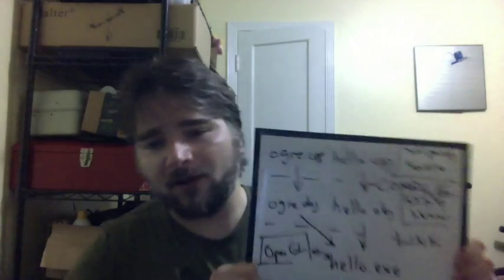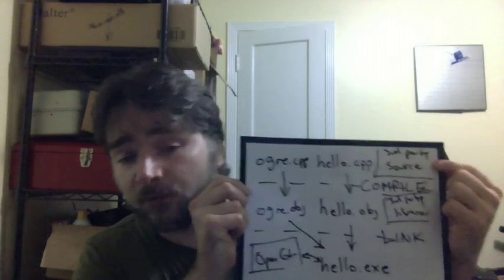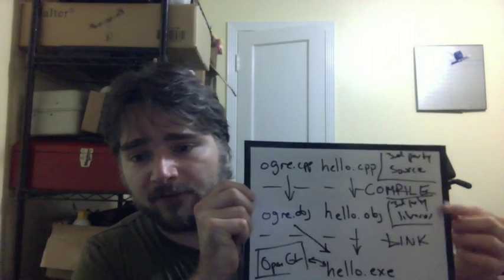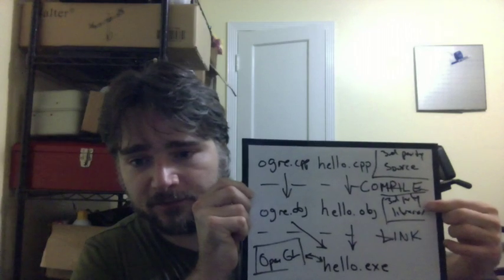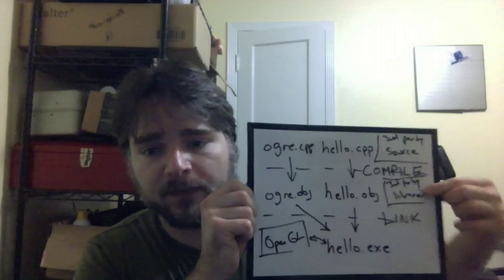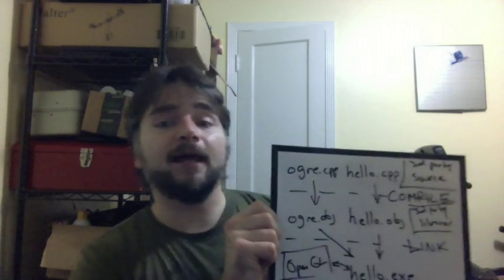I know that's probably hard to read, but we might have third-party source in this layer here of source code. We might have precompiled third-party libraries here, in the post-compilation layer, and those all get included in our executable, right? So they get bundled together.